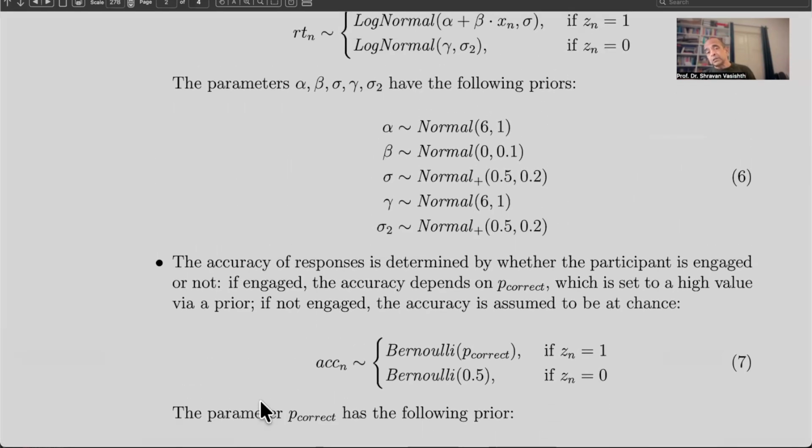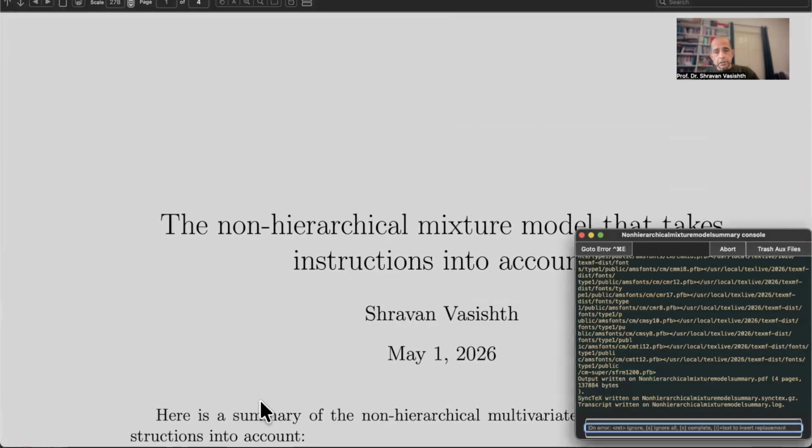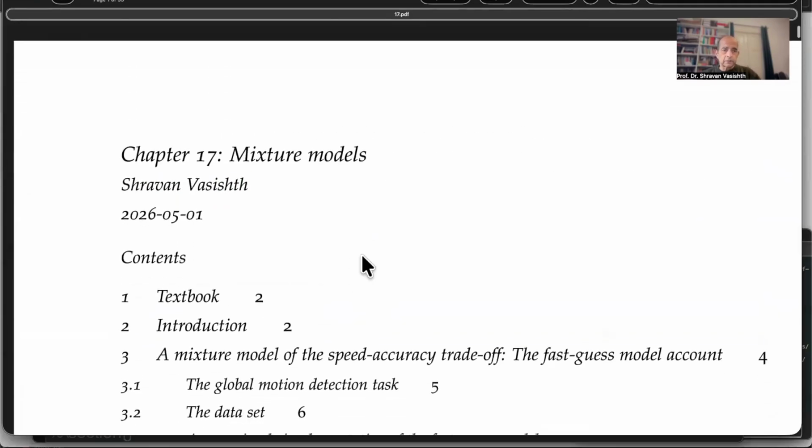These mixture models are actually really useful, because you can find yourself in a situation where a mixture model is needed and is a much better explanation for how the data were generated. And this can have important theoretical consequences.